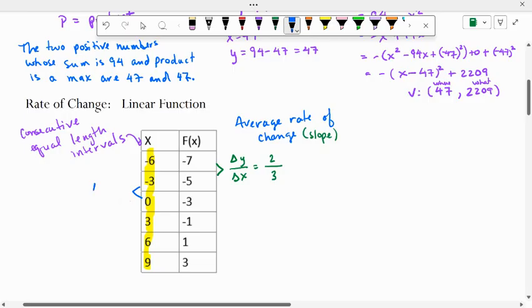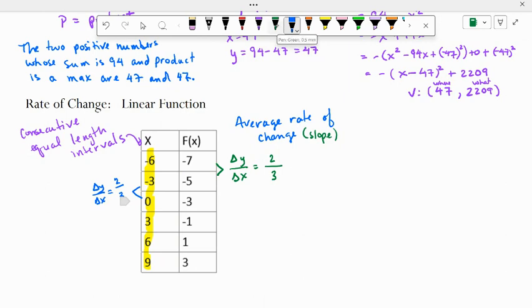Again, when I look at my average rate of change in y over change in x, from -5 to -3, I have a change of 2, and -3 to 0, I have a change of 3.